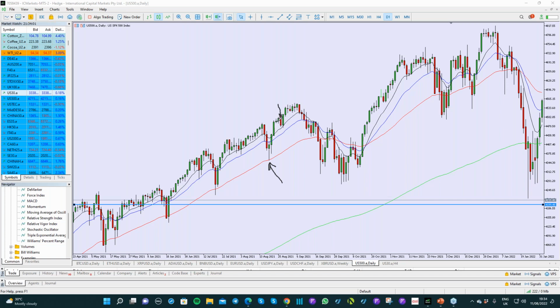What I need to know is what's going to happen next. Are the bears going to take control of this market, or are the bulls going to get back into this market? And that is what this candlestick here shows. So actually after this bearish candlestick, there was a bullish candlestick. So therefore there's no need to get out of this market.